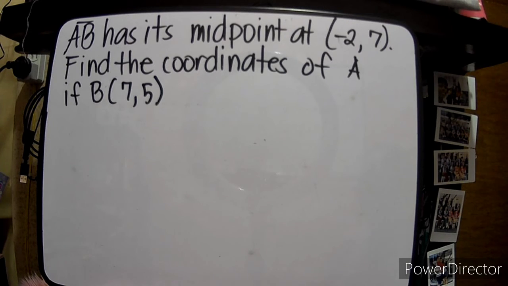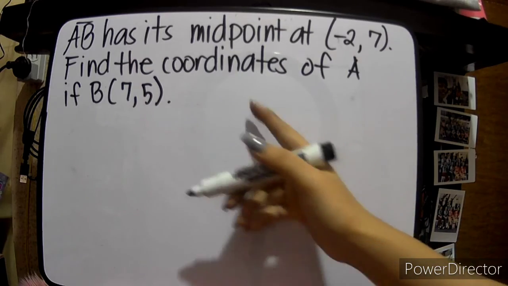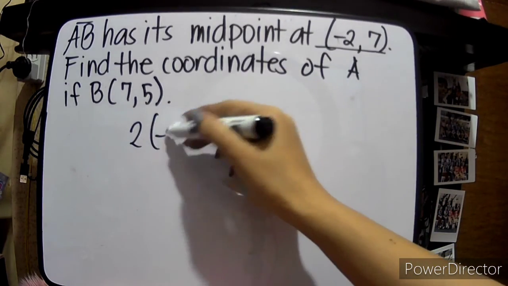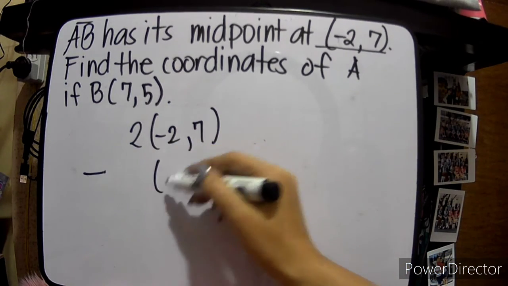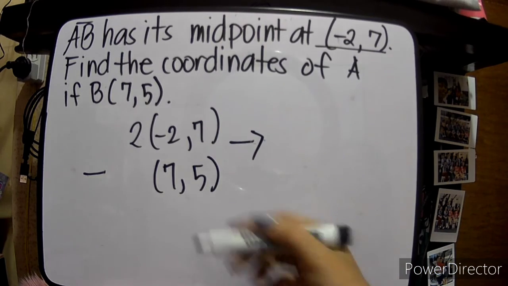Segment AB has its midpoint at (-2, 7). Find the coordinates of A if B is at (7, 5). So, missing endpoint pa rin. And again, ang midpoint natin ay ito. So, yan yung i-multiply natin sa 2 bago natin ibabawas yung given nating coordinates.